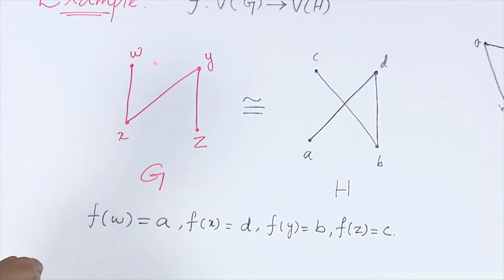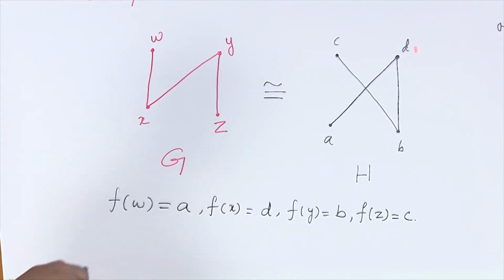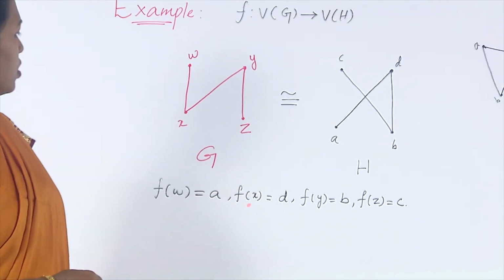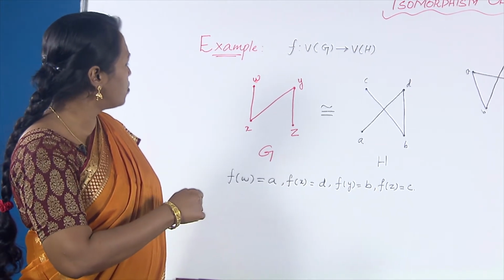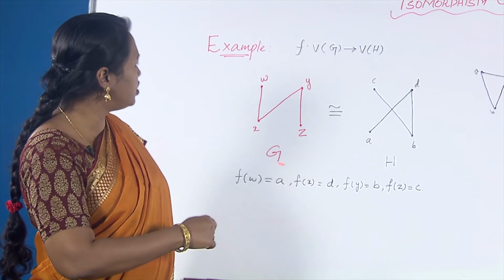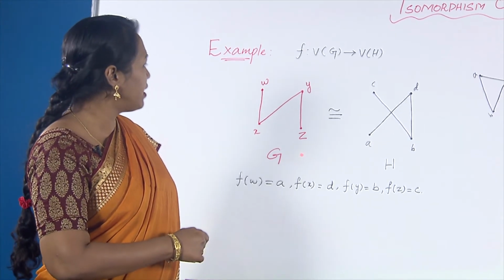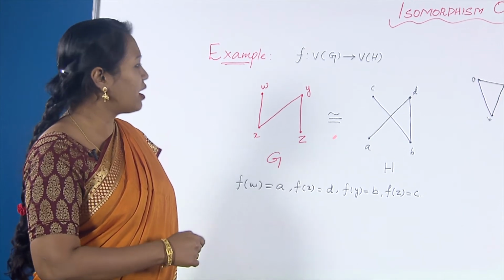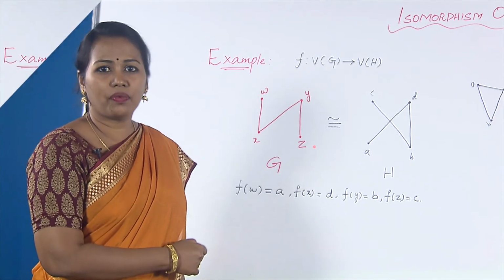And then finally, you can see xy is also an edge here; it should be db, and db is an edge here also. So, whatever edges we have in G, the corresponding edges exist in H as well, which shows that both G and H are isomorphic. Although they might not look the same, they are still isomorphic.